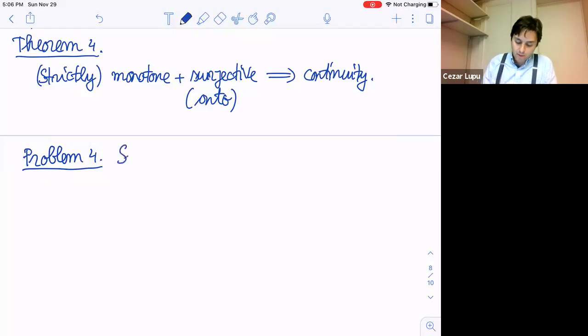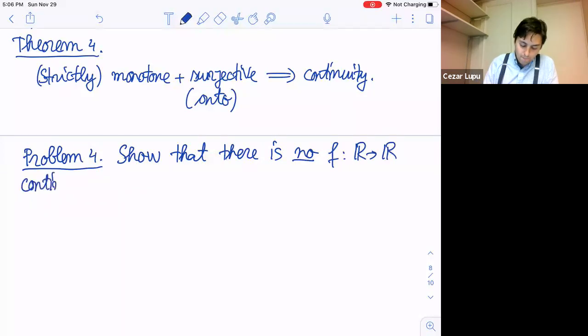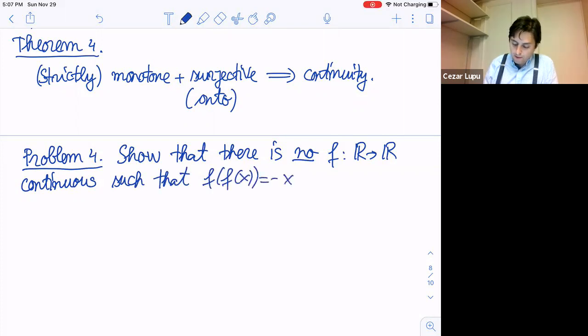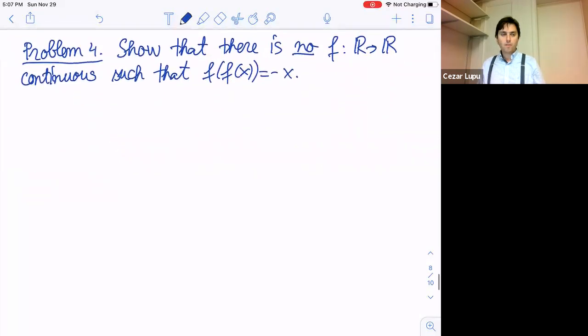The problem says the following, pretty straightforward: show that there is no function f defined on R, real valued, continuous, such that f of f of x is negative x. So that is the statement of the problem.